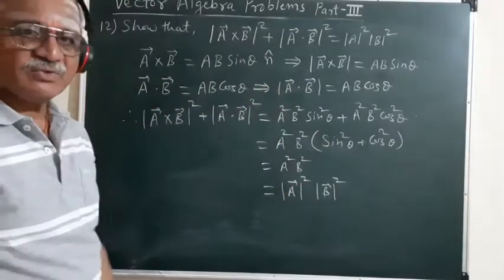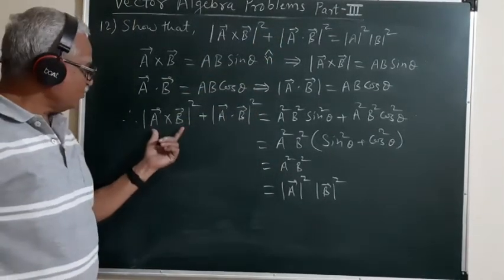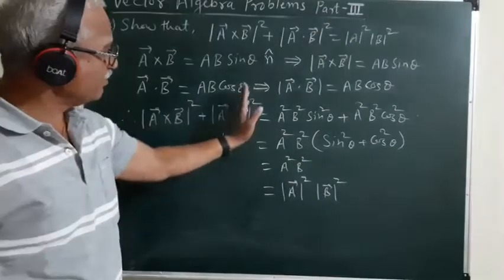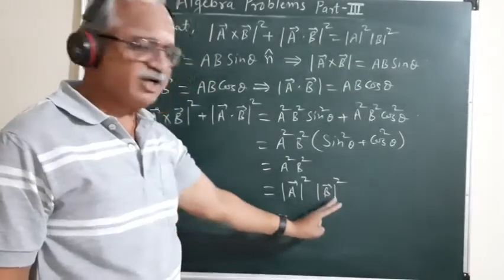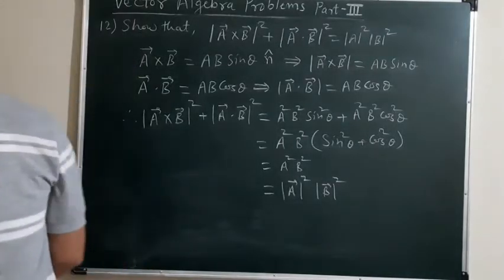So that is what we are asked to prove here. So modulus of a bar cross b bar square plus modulus of a bar dot b bar square works out to be equal to mod a bar square into mod b bar square. So that is how we can prove this identity.